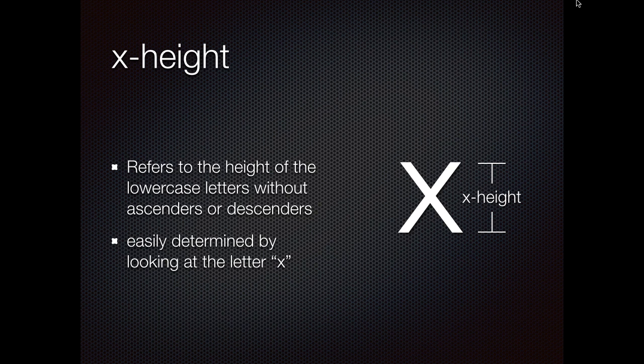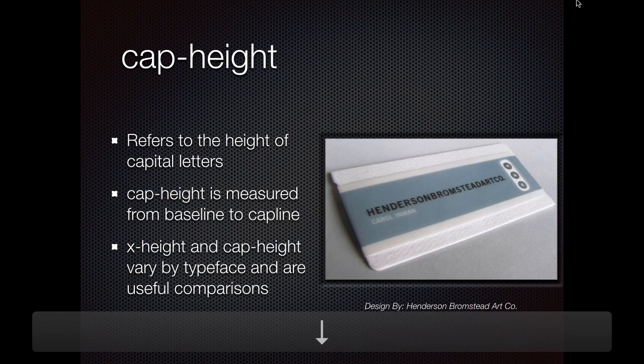Then we have something called X height. X height refers to the height of lowercase letters. It gives us a judge of what the lowercase letters' heights are, without ascenders or descenders, so without the tails. The easiest way to look at it, no surprise it's called X height, is to look at the letter X. It gives us an idea of how tall that lowercase x is, and I'll show you a graphic that combines these in a second.